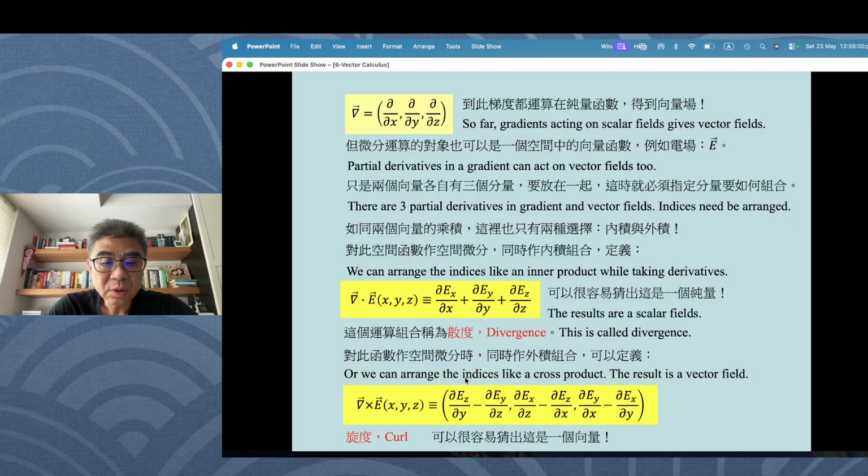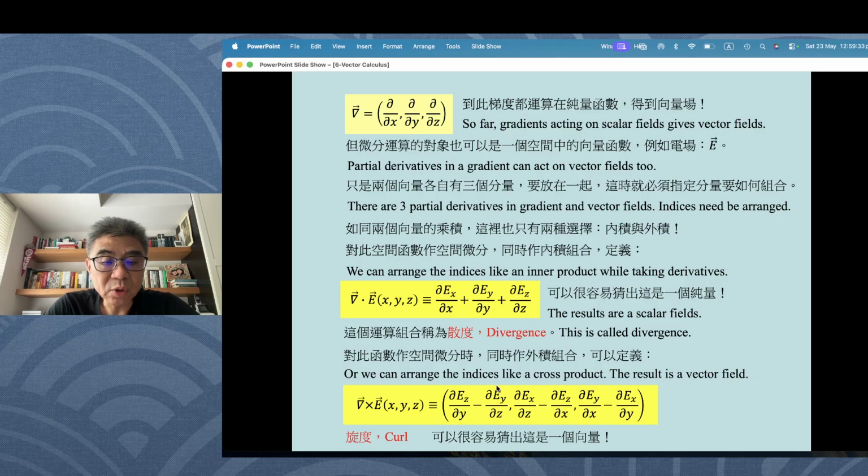For example, the x component of the cross product will be YZ minus ZY. Therefore it corresponds to the y component of the first vector times the z component of the second vector, minus the z component of the first vector times the y component of the second vector.